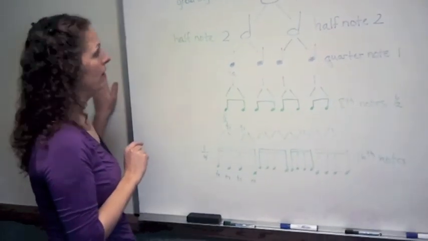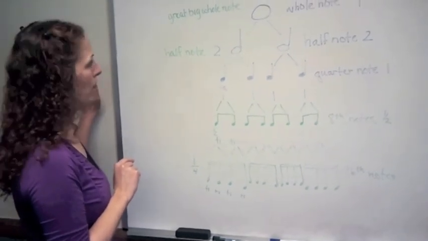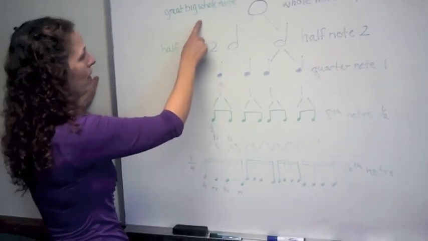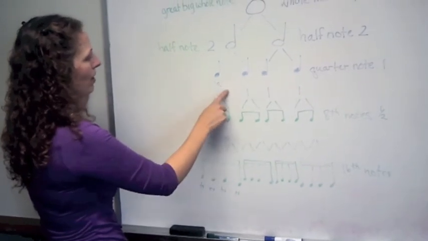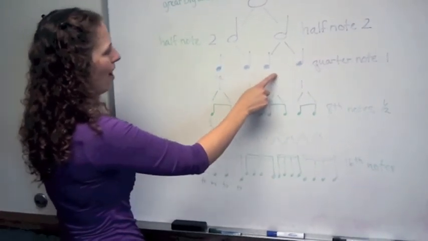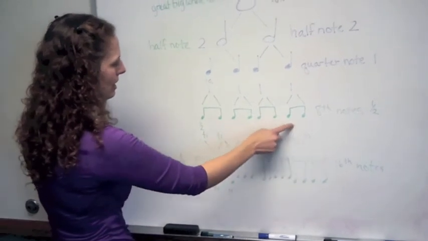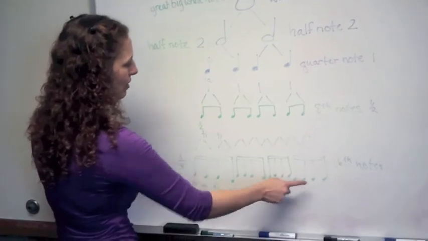Let's try that again. I'll establish the beat. It's constant. It never changes. Here we go. Great, big, whole note. Half note. Ta, ta, ta, ta. Ti, ti, ti, ti, ti, ti, ti, ti. Tiri, tiri, tiri, tiri, tiri, tiri, tiri, tiri.